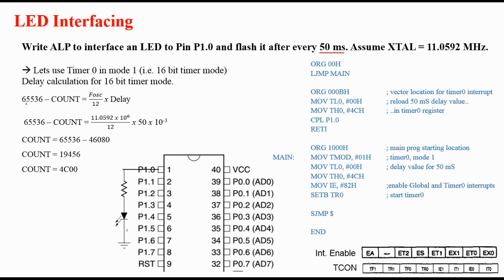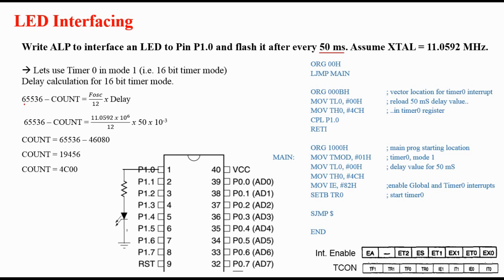So here we are interested in generating a delay. To generate a delay, we should know how much value should be passed to the timer, so that the timer will start counting from that value. For this purpose, we are going to calculate the value.